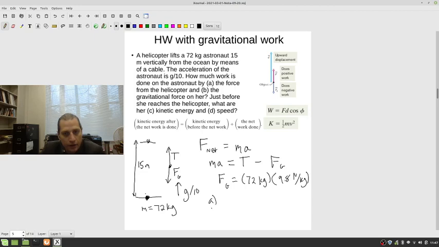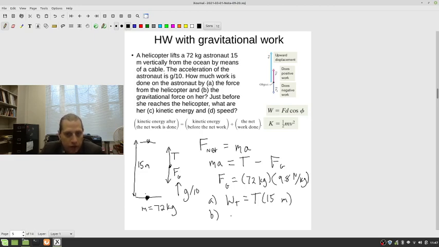Now, A and B are asking you to find out the work being done on her by the force of the helicopter and by the gravitational force. So the work of that tension force is going to be T times 15 meters.